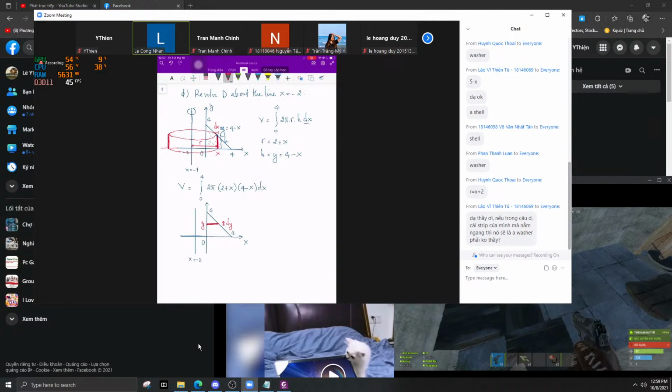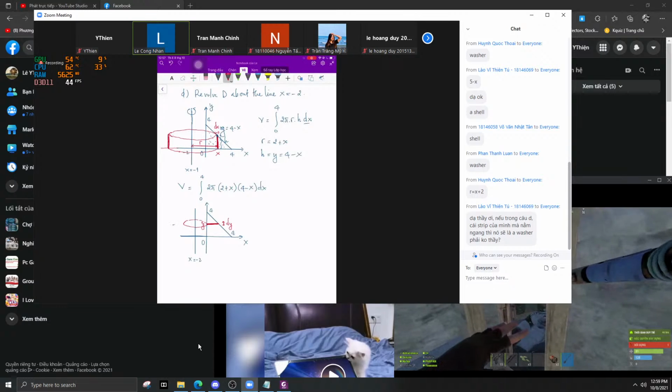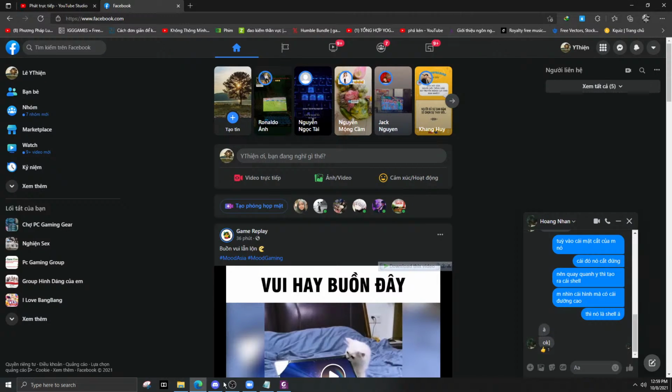If we rotate it about the axis of revolution, we get a washer.